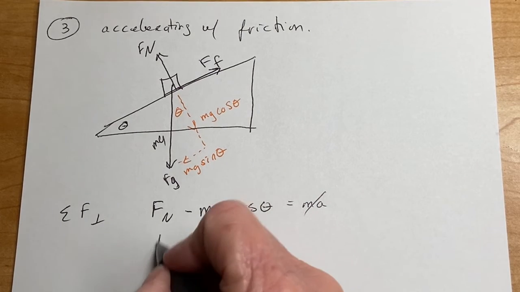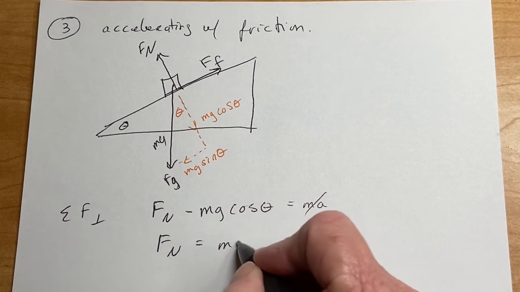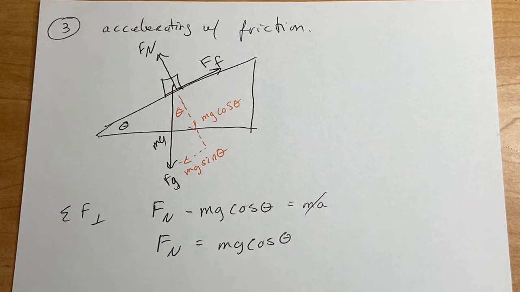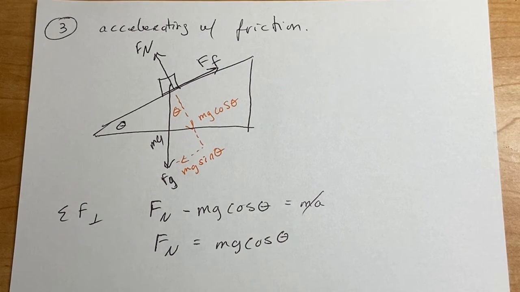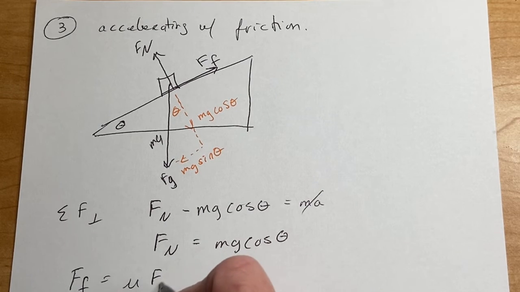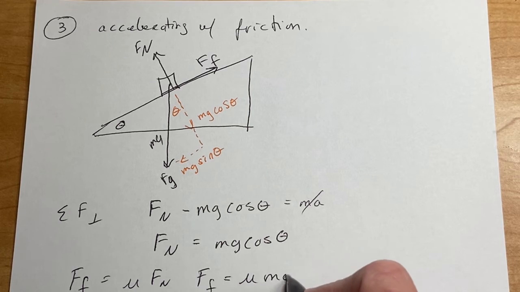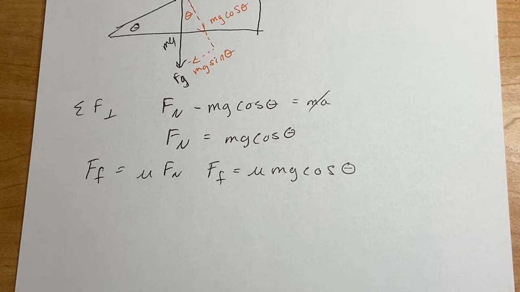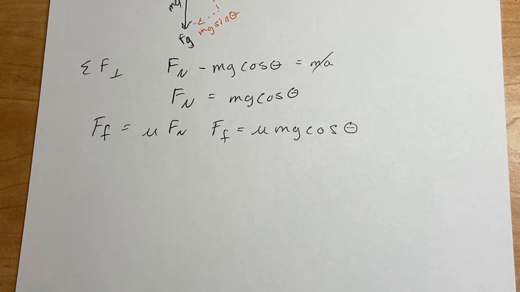That just means the normal force equals mg cosine theta. Now, remember, friction force equals mu Fn, so friction is equal to mu mg cosine theta. That's typically why we need to get those vertical forces.